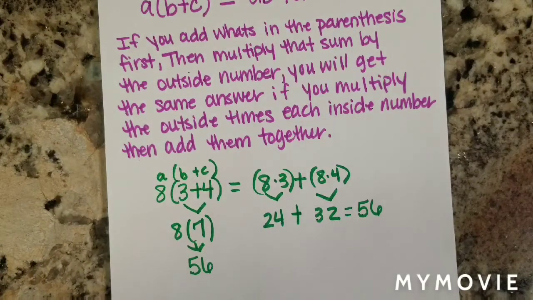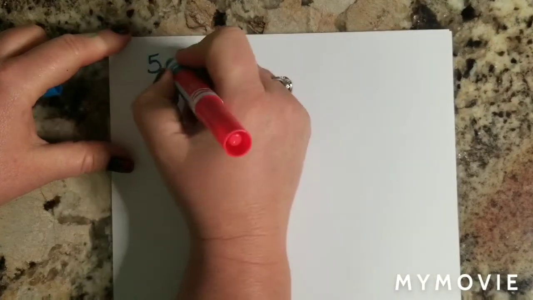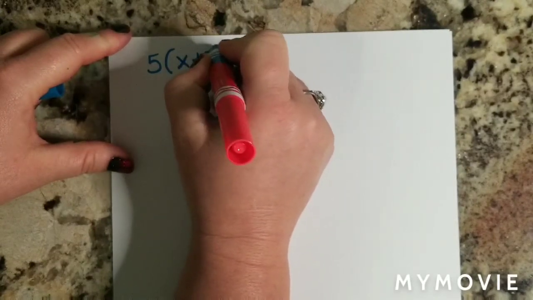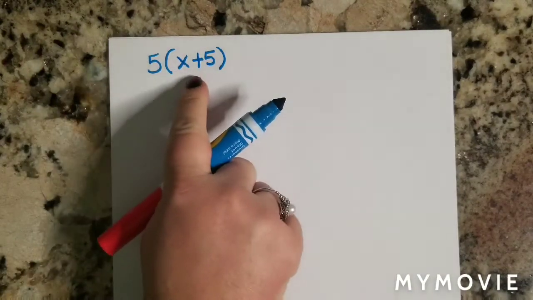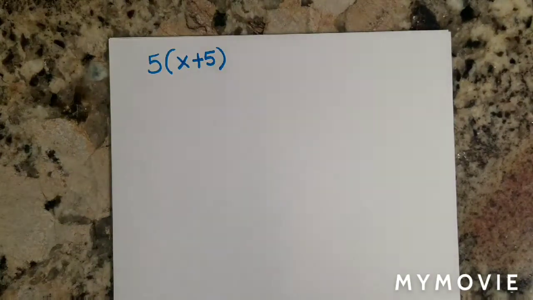For instance, you could have, I'm going to change papers. What if you had 5 times x plus 5? In this case, I don't know what x is. So therefore, I can't add x plus 5 because I don't know what x is, for one.